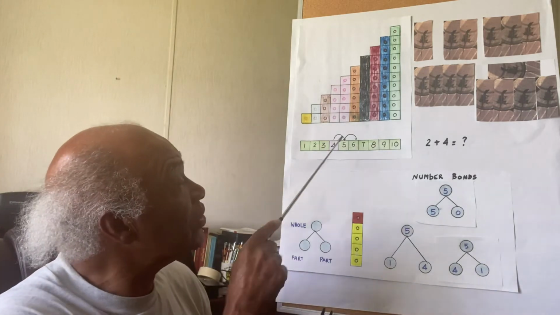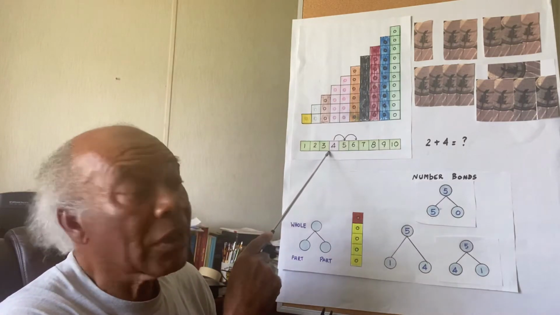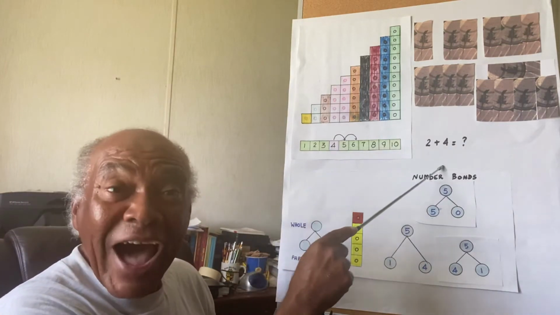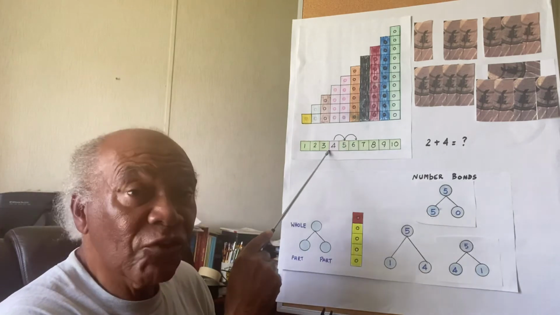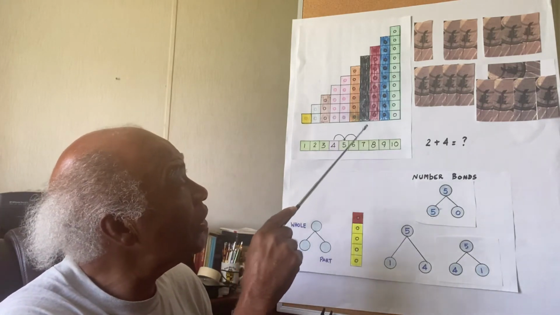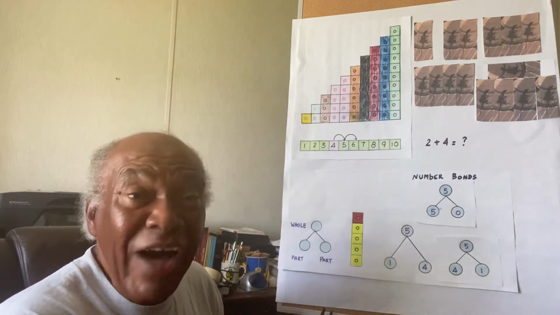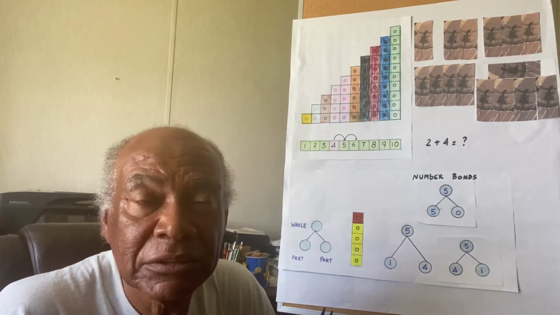Similarly, if we started at 4 and I add 5, starting at 4, 1, 2, 3, 4, 5. 4 plus 5 is equals to 9.